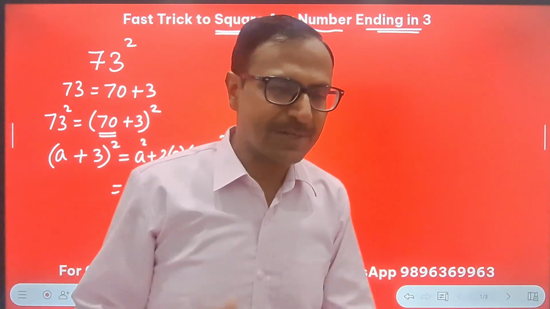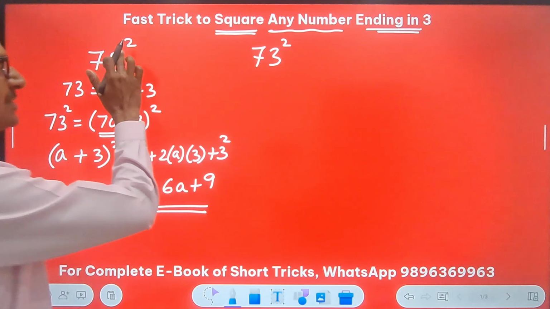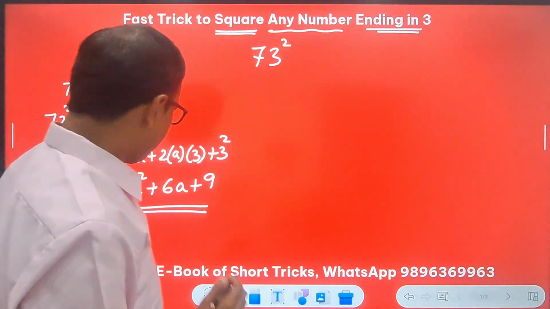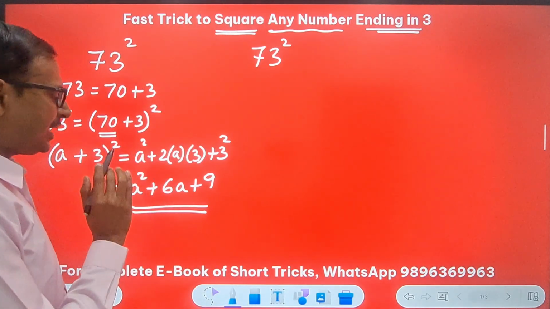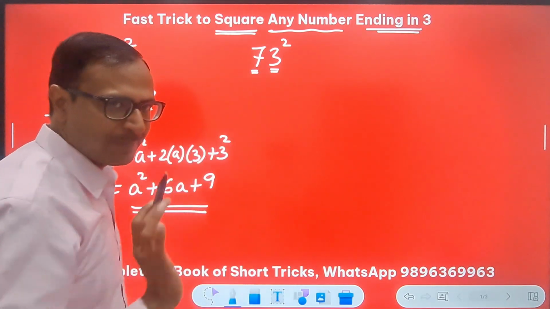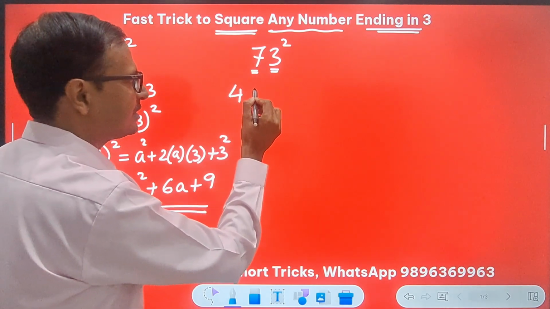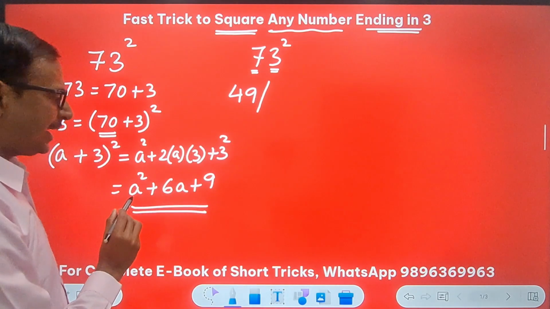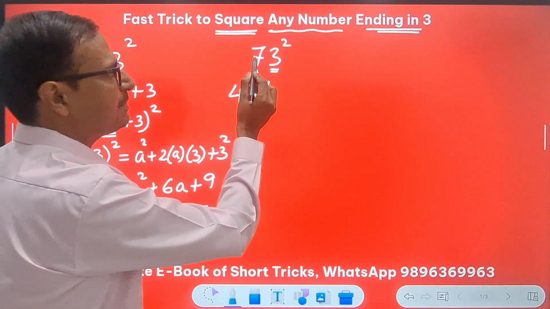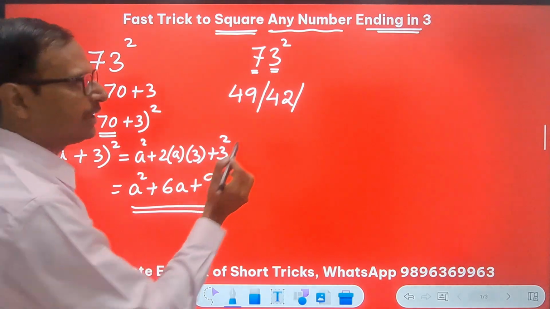See how this works now. Suppose I have to square 73. So I am applying it for the same number here, 73. A square. Now a square, just forget this 3. This is 7, right? And I know that 7 square is 49. So I did a square. And then 6a, 6 times 7 is 42, and finally we have the 9.